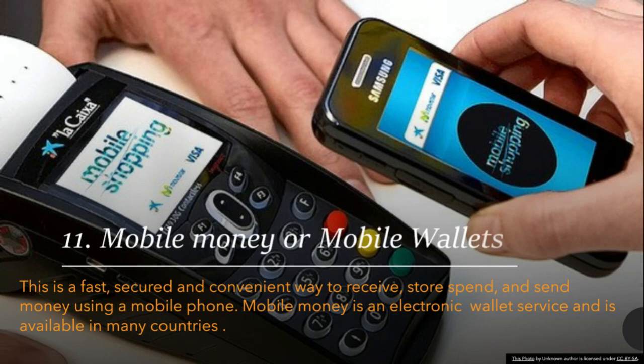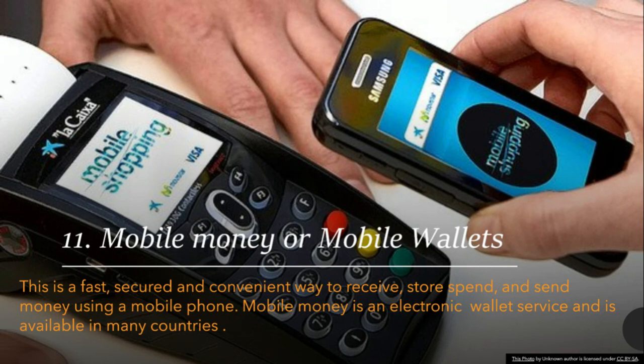Number 11 is mobile money or mobile wallet. Right? And this is not yet very common, but it is common within some countries in Africa and also somewhat common in China.